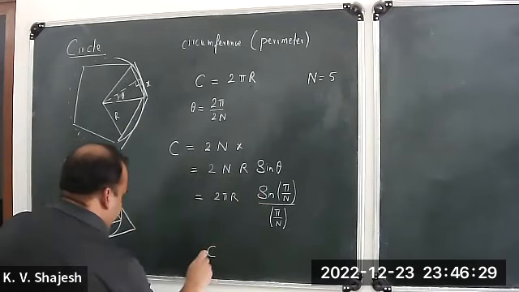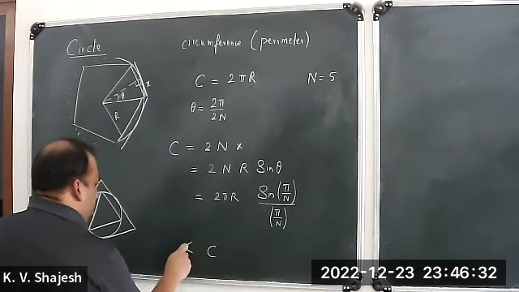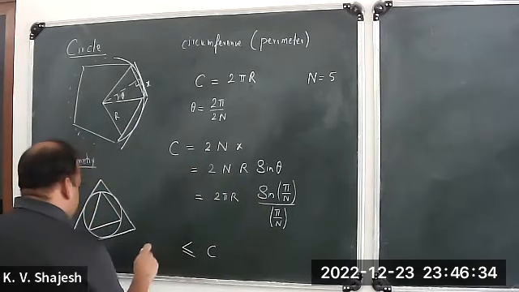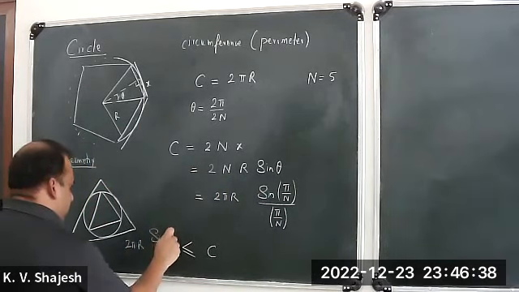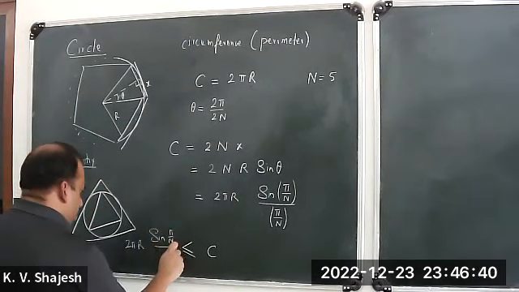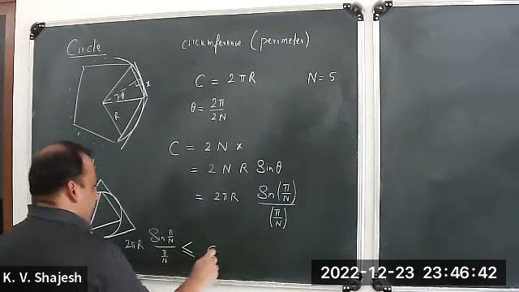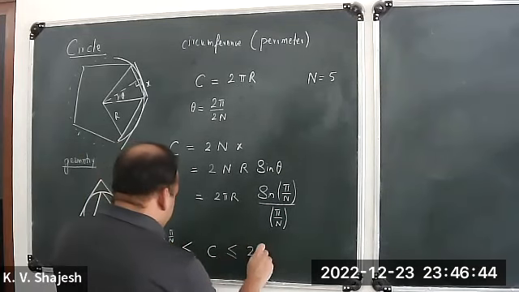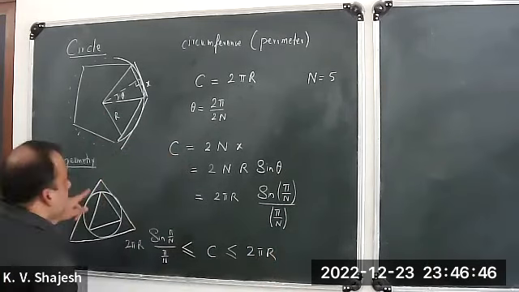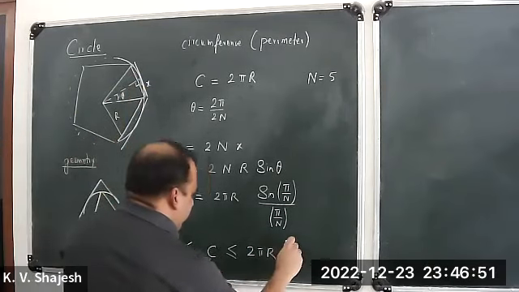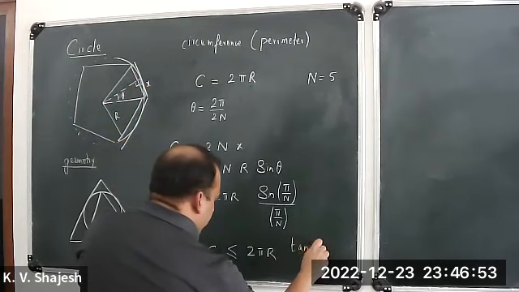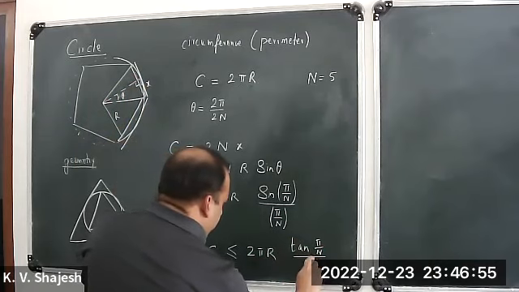So one can write that C will be greater than or equal to, in the extreme limit, 2 pi r times sine of pi over n over pi over n, and it will be less than or equal to, if you were to take the outer one, this is your radius, so you have to get the tangent, so it turns out to be tangent of pi over n over pi over n.